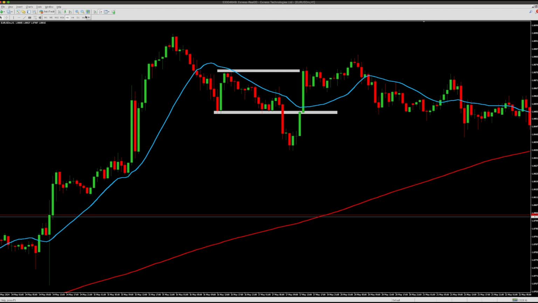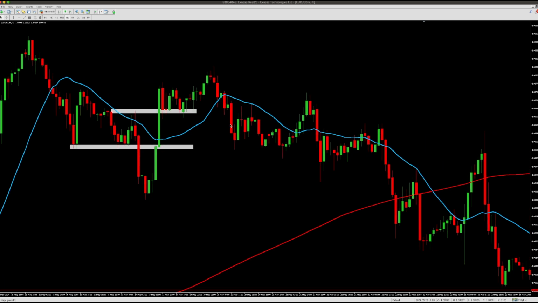We also have this high here, and also this high here. Now this high, this one here, is broken by this candle. So now, let me first take this out. After this high has been broken, wait for the market to come below the 20, which it does here.